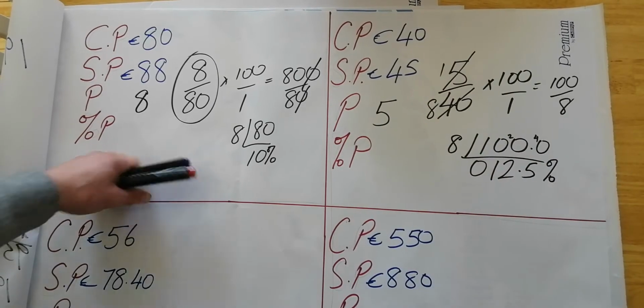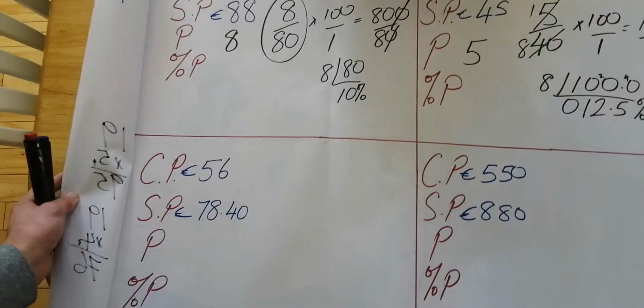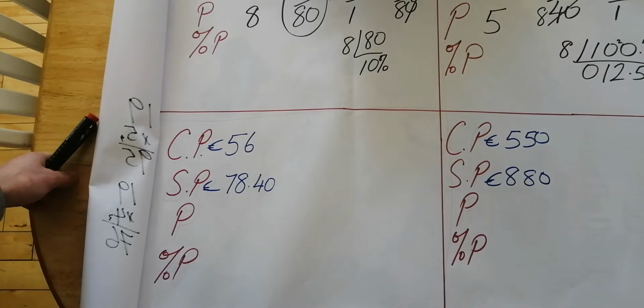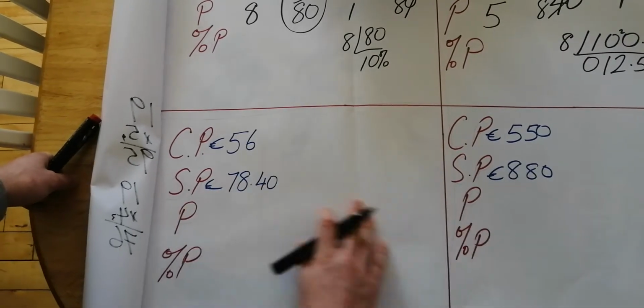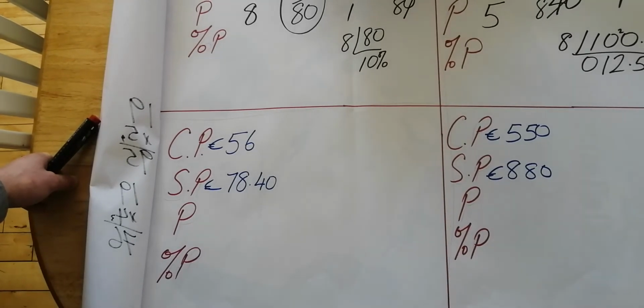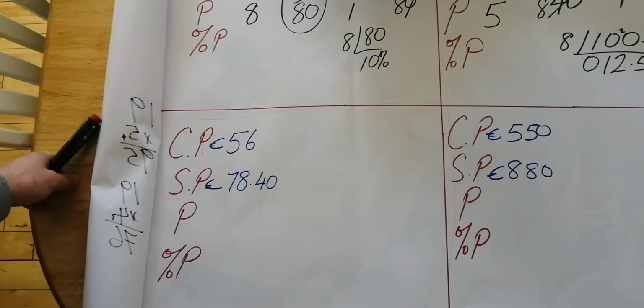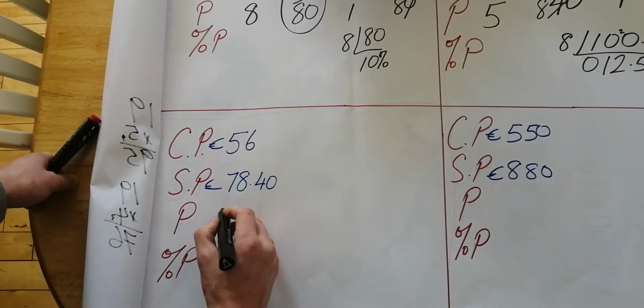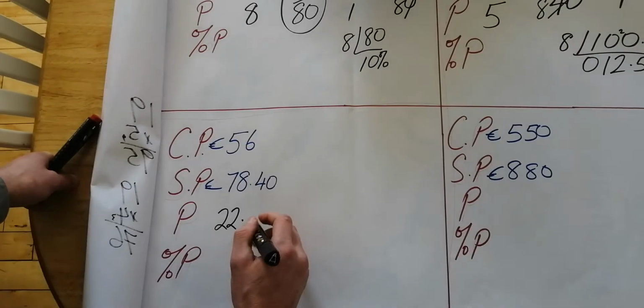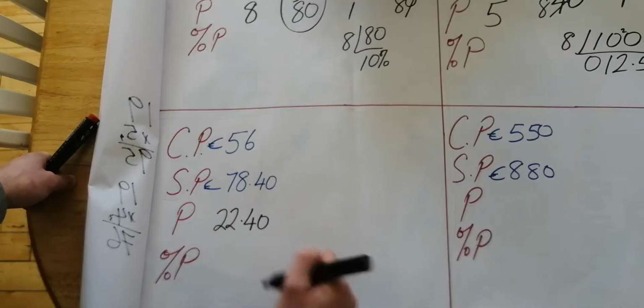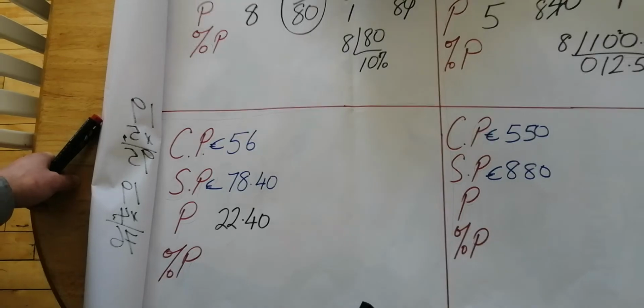Right, this is where it gets a bit tricky because there's decimal points in it. But like I said, if you can see what fraction it is before you even start, it'll make it a lot easier. Okay, so what is the profit here? That is 22.40. Okay, so it's going to get tricky.